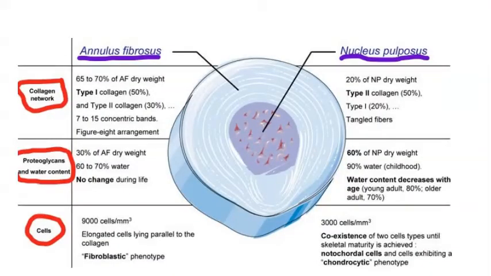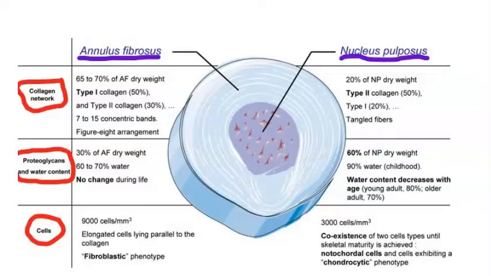Okay, this picture shows a summary of the characteristics of the intervertebral disc, including the annulus fibrosus and nucleus pulposus. Regarding the collagen network, in the annulus fibrosus, 65% to 75% is dry weight.